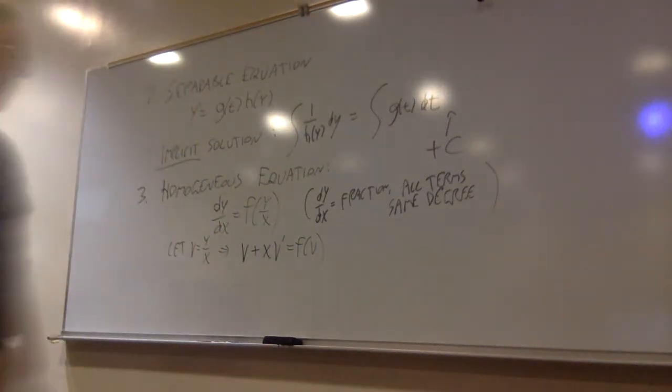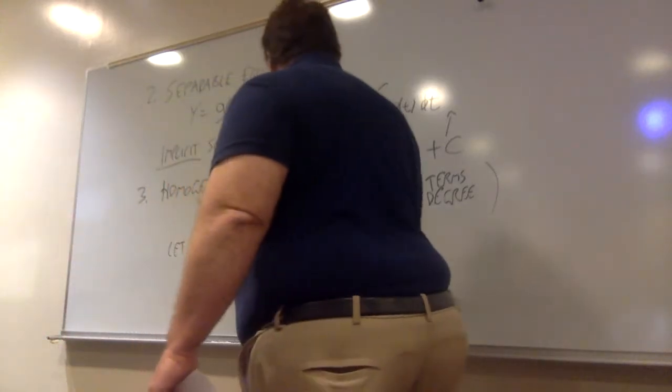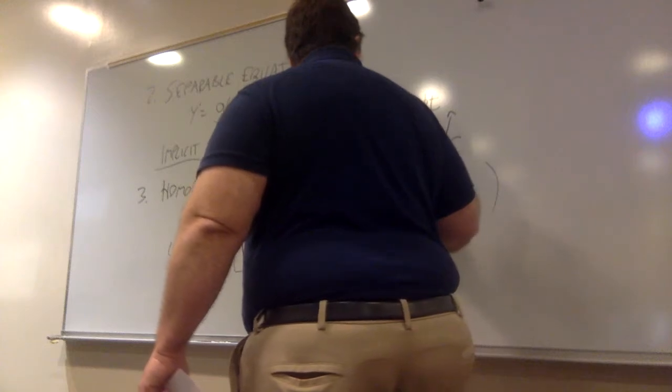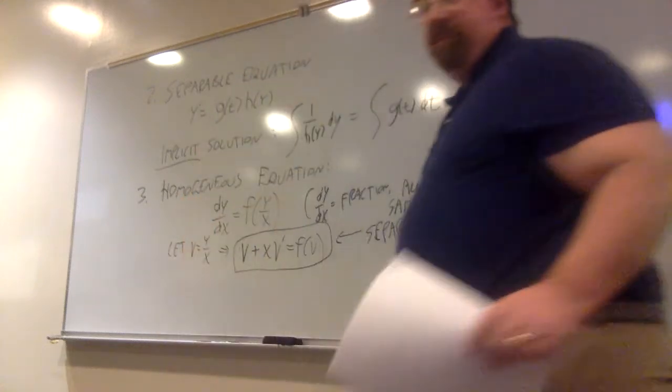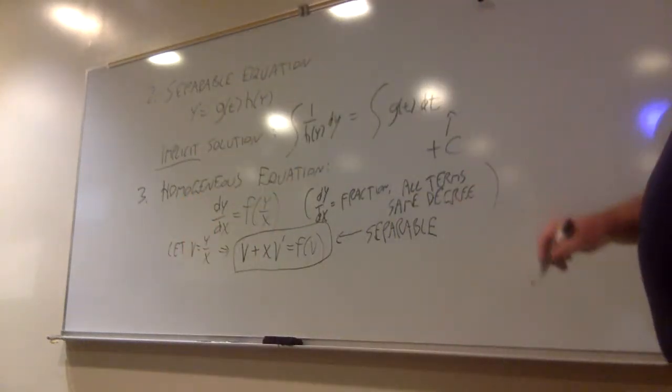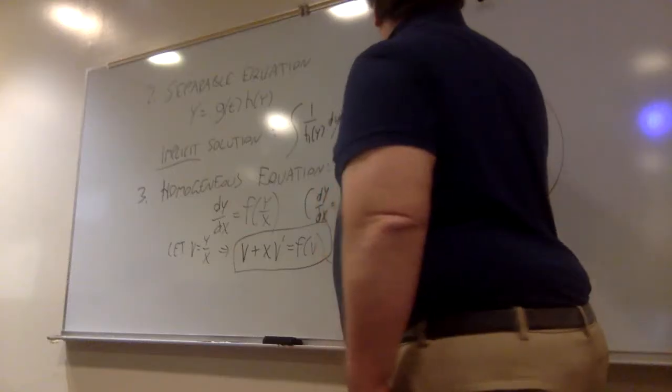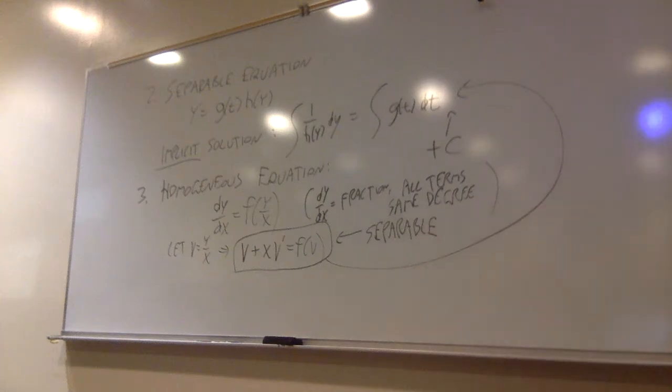That is the equation you solve now. And this equation is separable. So then you treat it like the previous type of equation. So then go back up here and do that to get v.